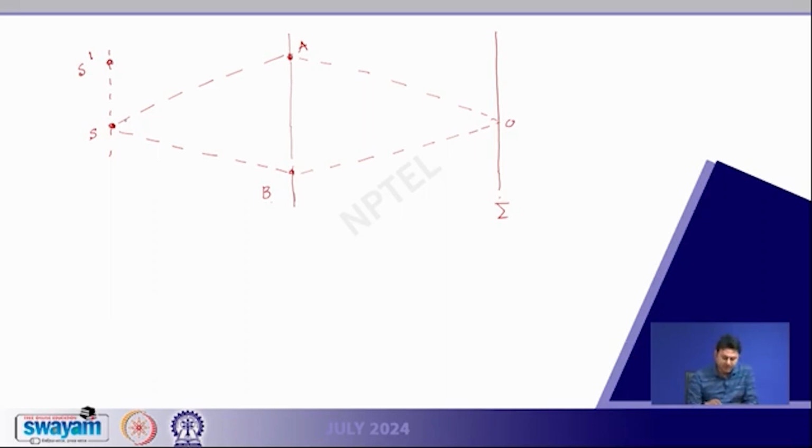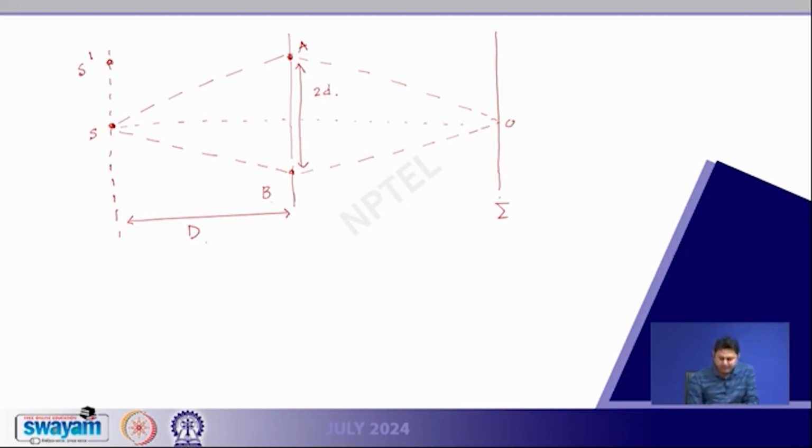S is a point, and light is emitting from here, hits the points A and B. Suppose there are pinholes, and then the light goes to point O and superimposes there. We assume this is an extended source, and this length, say D, is along the axis, and this length A to B we consider to be 2D.